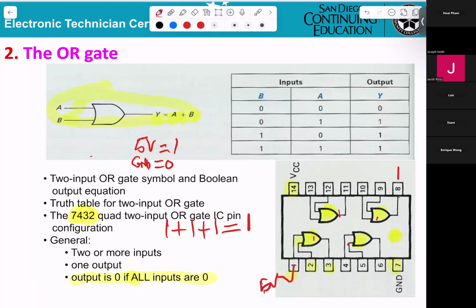That means you connect to 5 volt. Okay? Output is 0 if all inputs are 0.